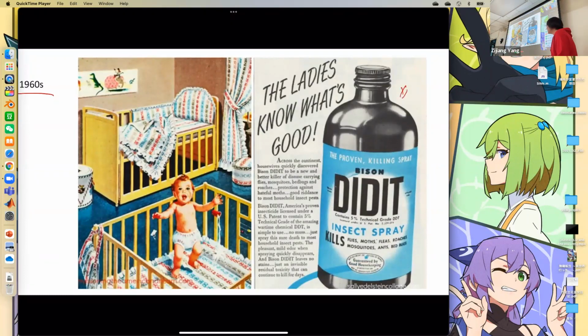I want to say that this advertisement is very, very accurate in conveying some of the information. We have a baby here, and the baby is very happy and very healthy. So this advertisement indicates that DDT is very safe, even for a little baby, so we can just use it at home safely.